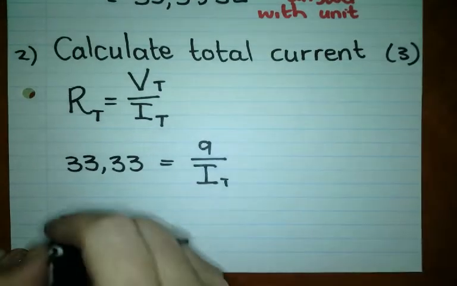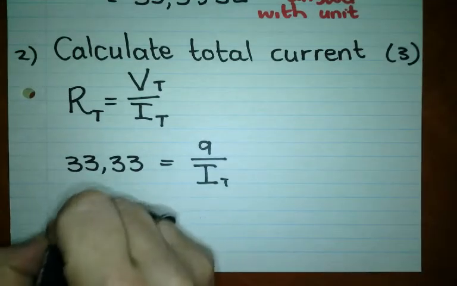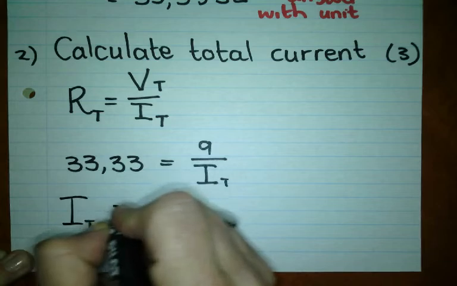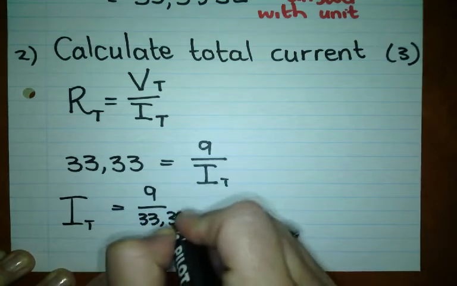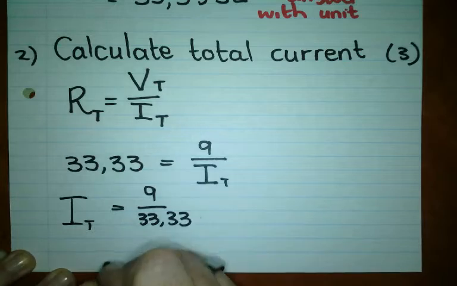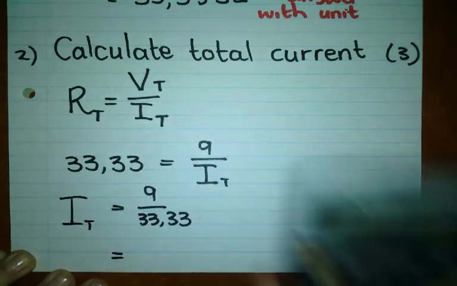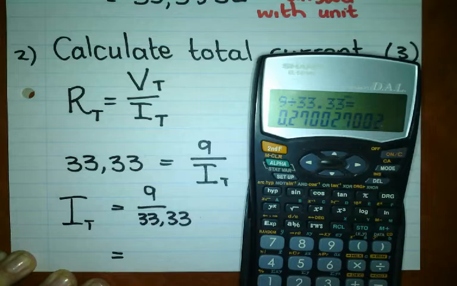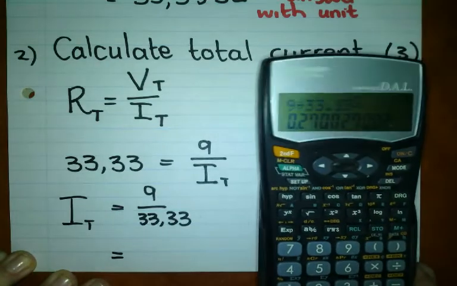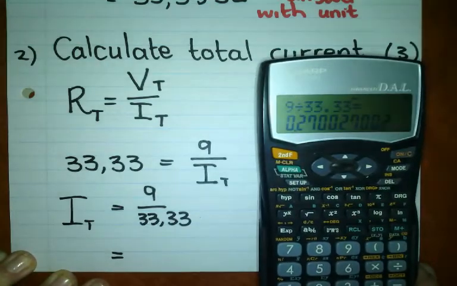Alright, so if I manipulate this equation, I get 9 over 33,33. Right. 9 divided by 33,33, 0,27.